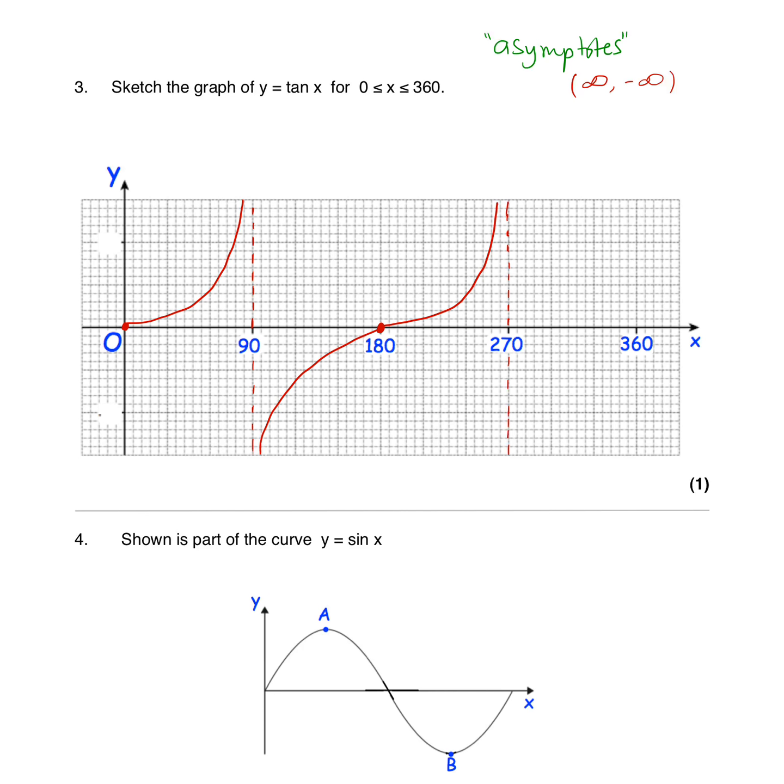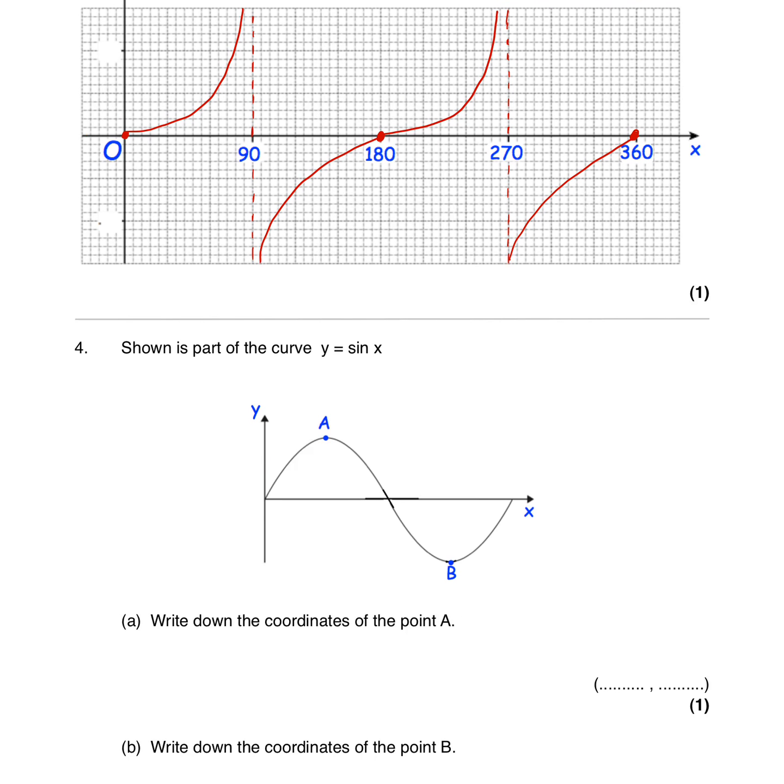Likewise, the pattern that you can see here from 90 to 180 is then repeated from 270 to 360, again hitting 0. The tan graph will have that repeat if you have a larger interval than 0 to 360.